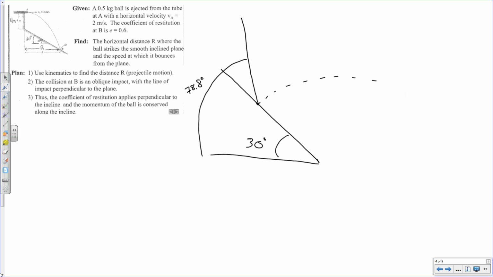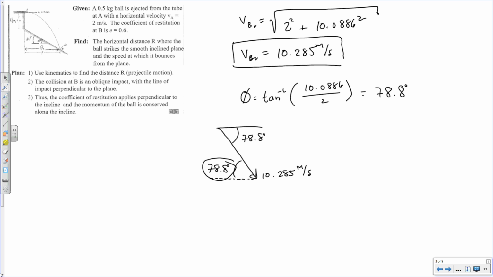Then I know the angle with respect to the incline is 48.8 degrees. This is all just from geometry itself.